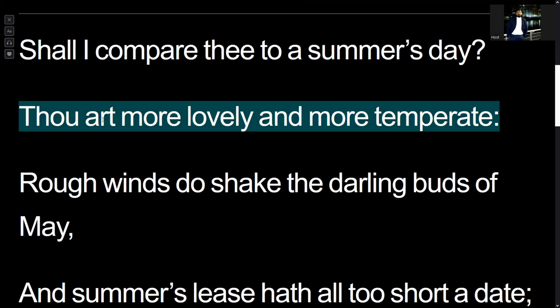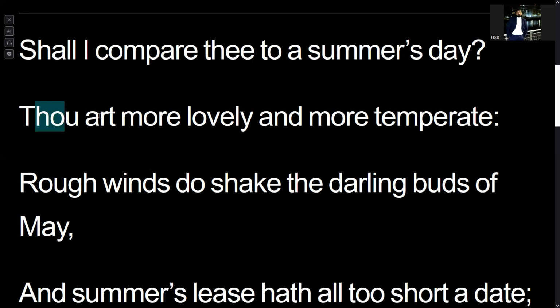Means you are more lovely means beautiful, and more temperate means two things. One, temperate has a meaning which is like balanced, like you are perfectly balanced. Like your eyes, your hair, your face, your skin, everything is perfectly balanced.